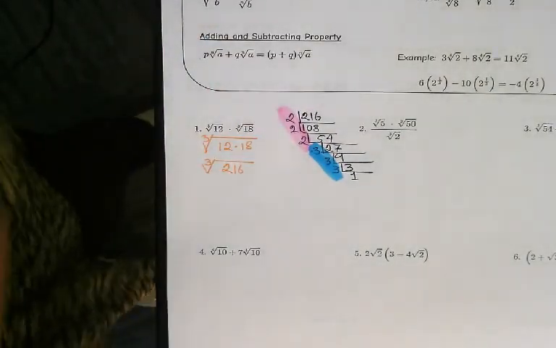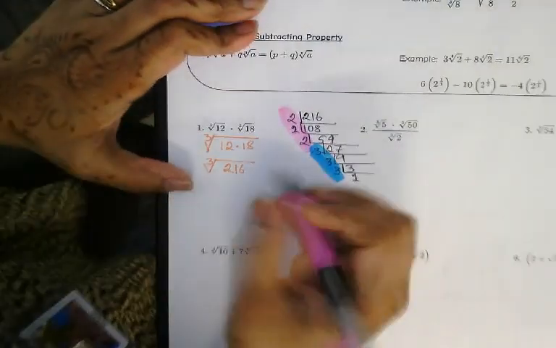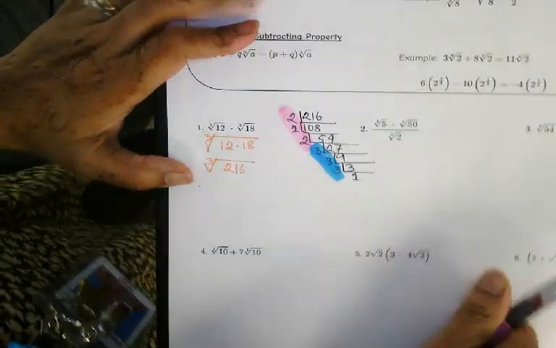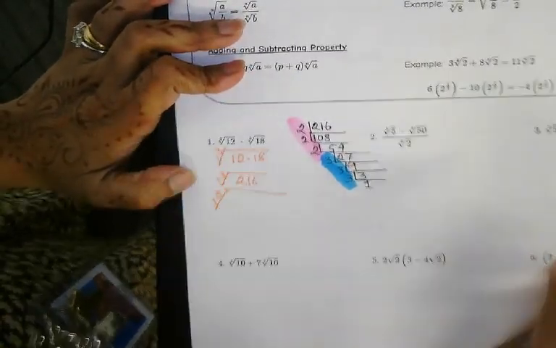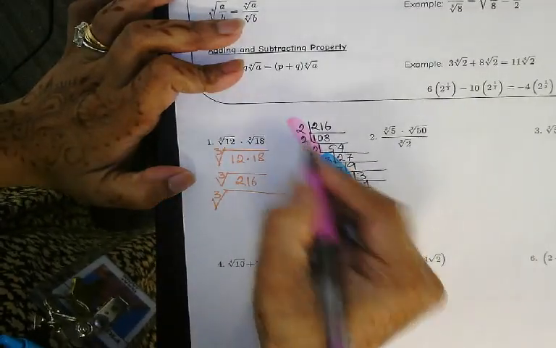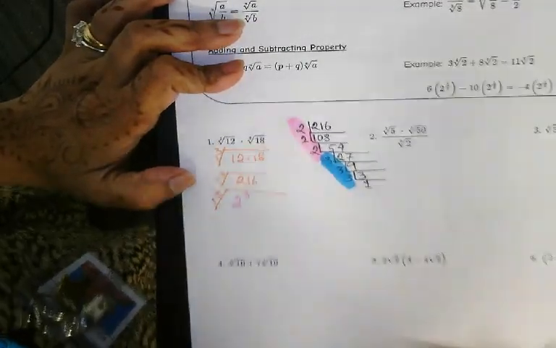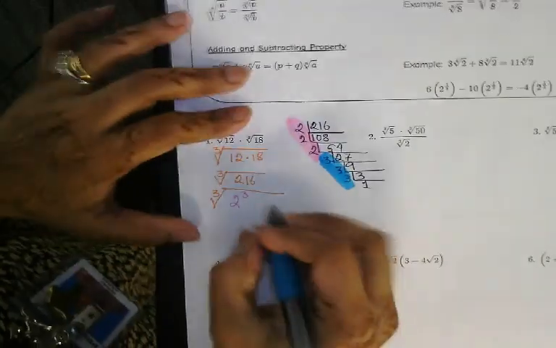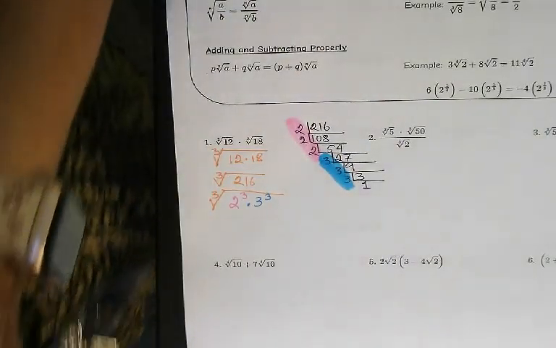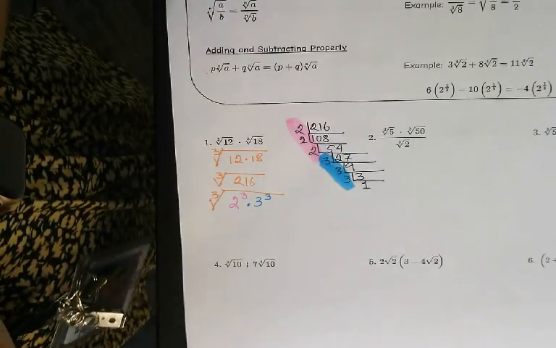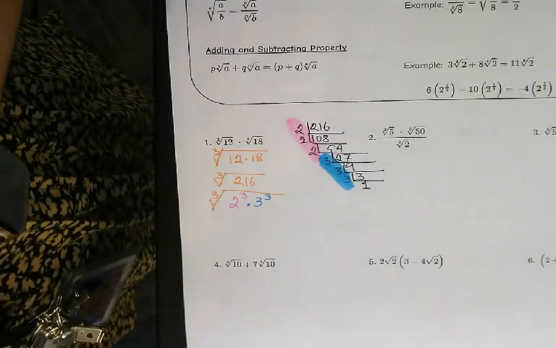Let's write them down. The radical will stay as it is. You don't have to worry about it. So it's going to be 2 cubed and 3 cubed. Is everybody following? We good up to here? Give me a thumbs up.